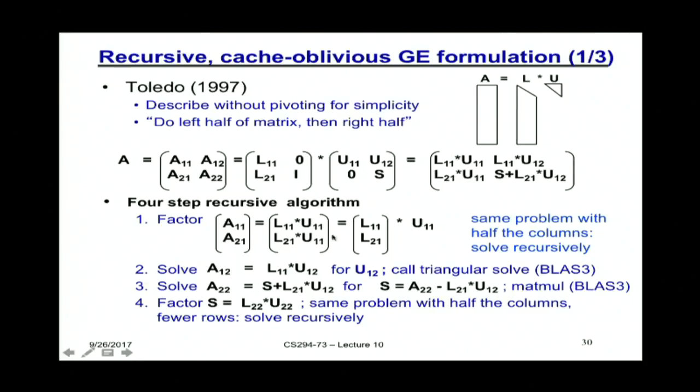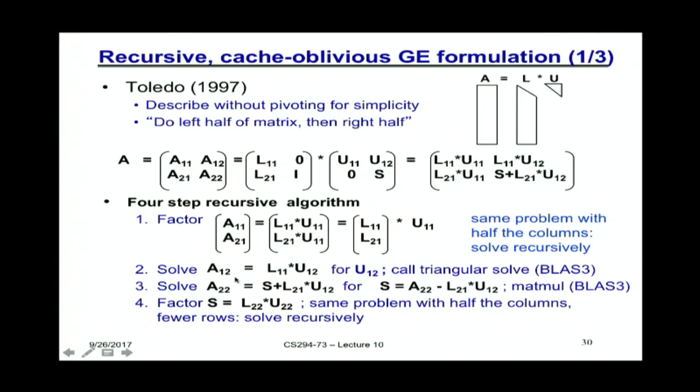So for example, for the first block column here, A11, A21, we need them to be equal to this block column. So these two should be equal, which corresponds to doing an LU factorization of a rectangular matrix, where the U is a square matrix. So this will be the same problem with half of the columns, on the left, right?